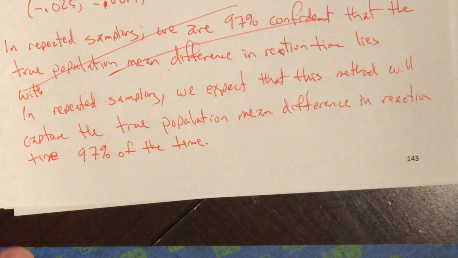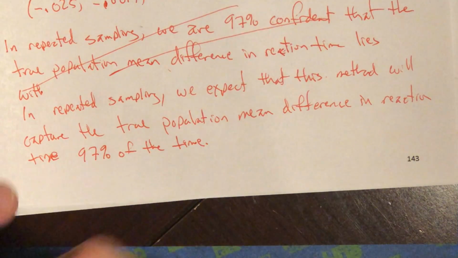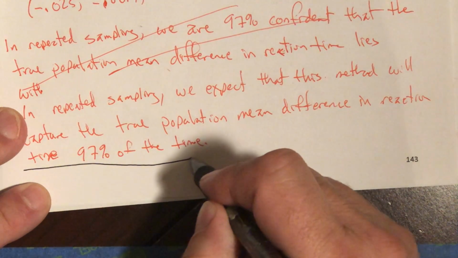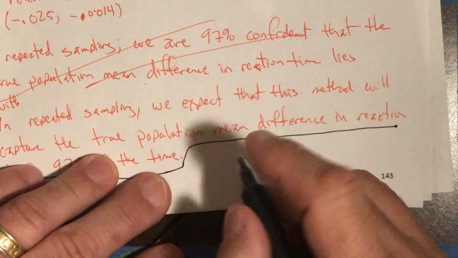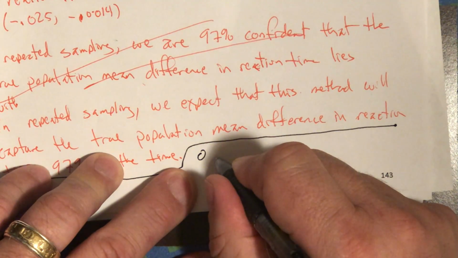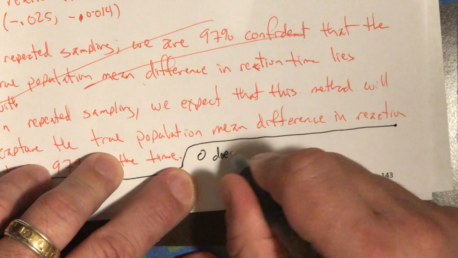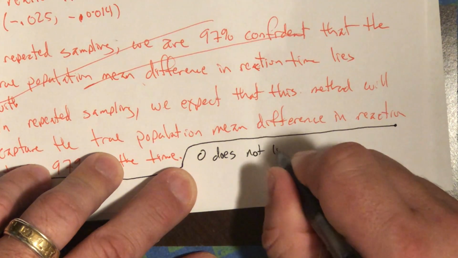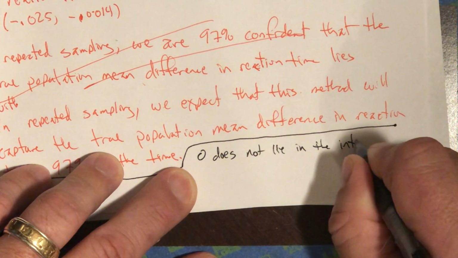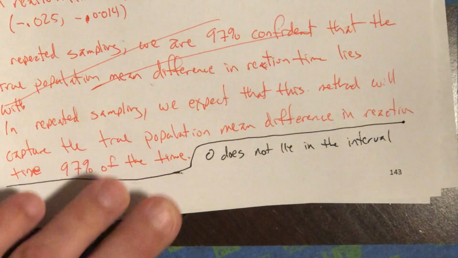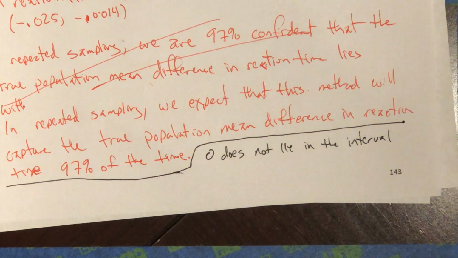One other thing we should note: in this case, 0 does not lie in the interval. Because it doesn't lie in the interval, we believe there is a difference in reaction time.